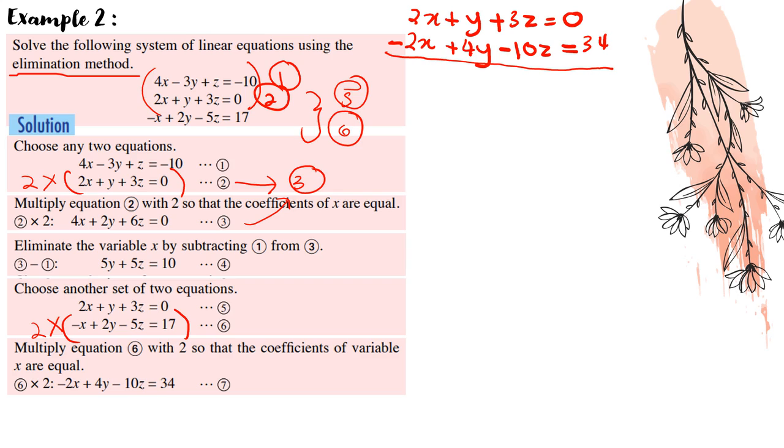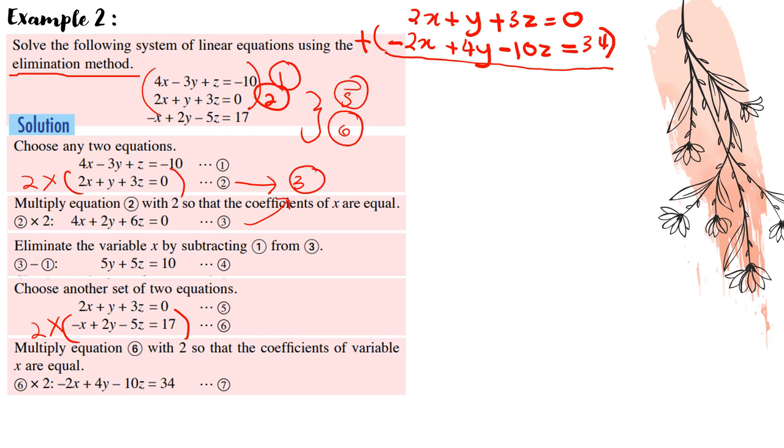Okay, if you want to eliminate x, you cannot use subtraction. If you minus 2 minus 2x, it becomes 4x. Means that the variable x is not eliminated. So if you want to eliminate variable x, the operation here should be plus.